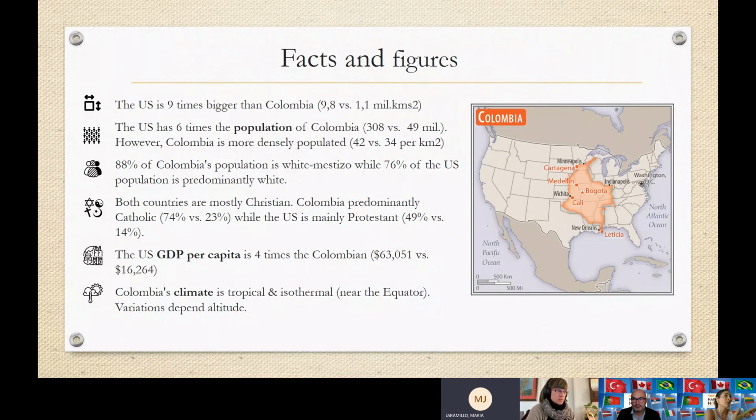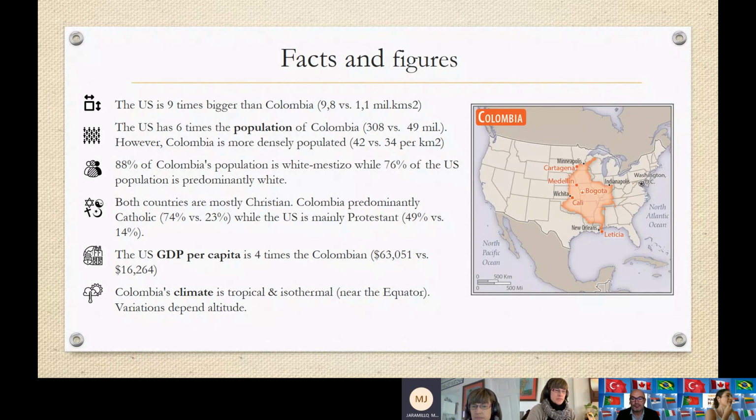So the US is 9 times bigger than Colombia. You see to the right hand of the slide, you see the map of Colombia, overlapped or hovering on top of the US. So this is how you see the contrast of the size of the area of the countries.